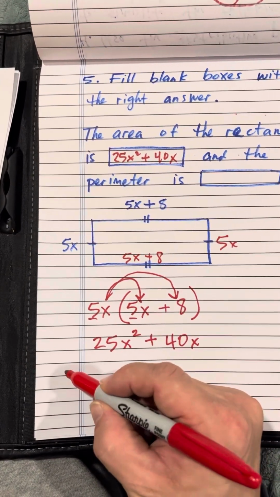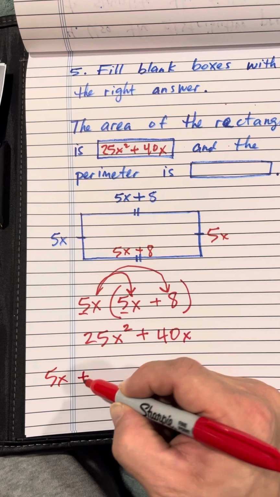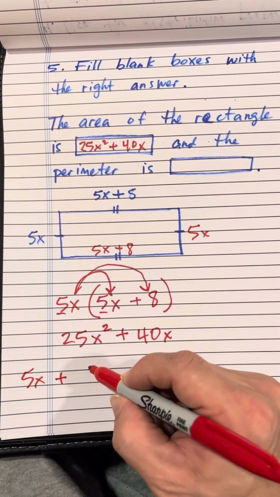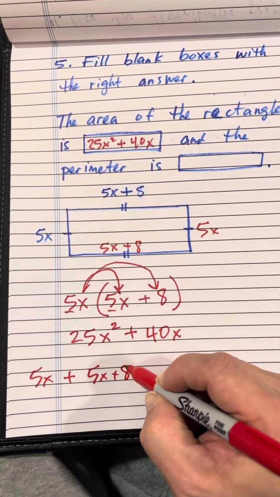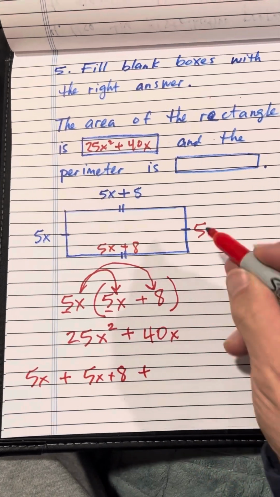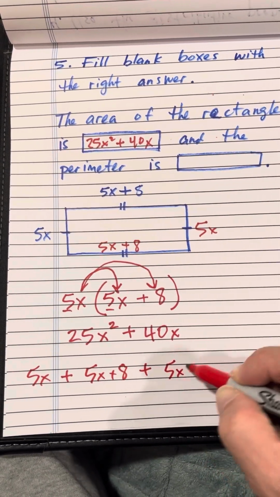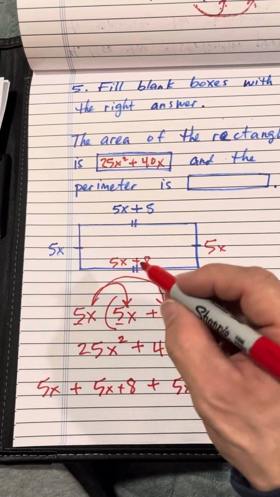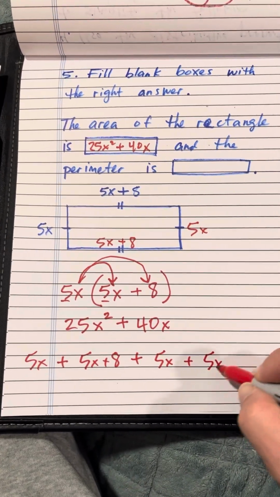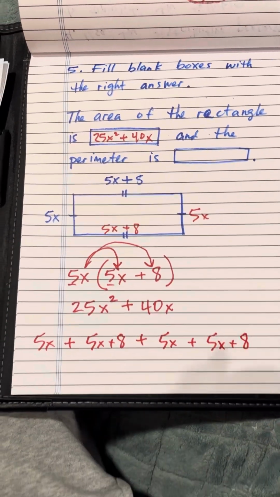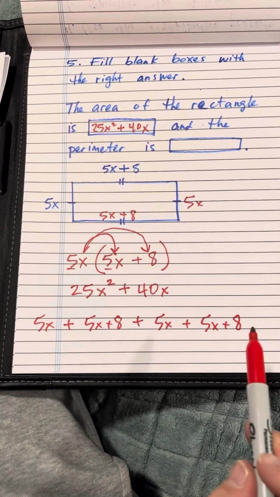So that's 5x plus 5x plus 8 plus 5x plus 5x plus 8.